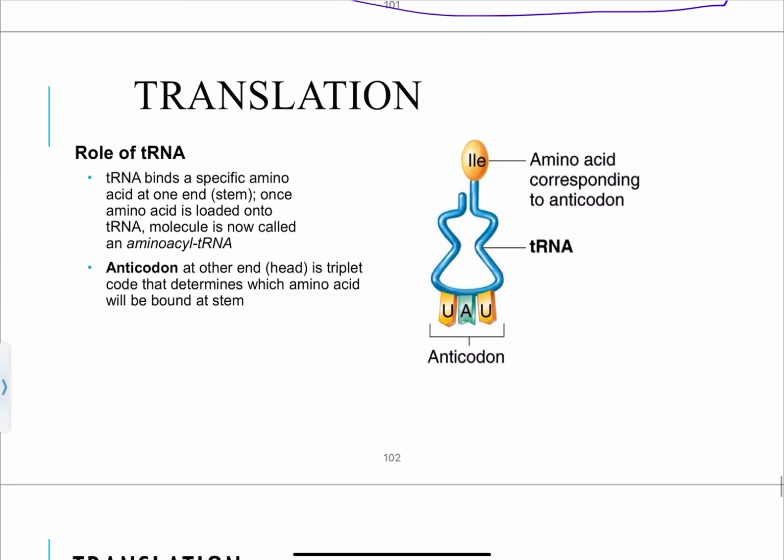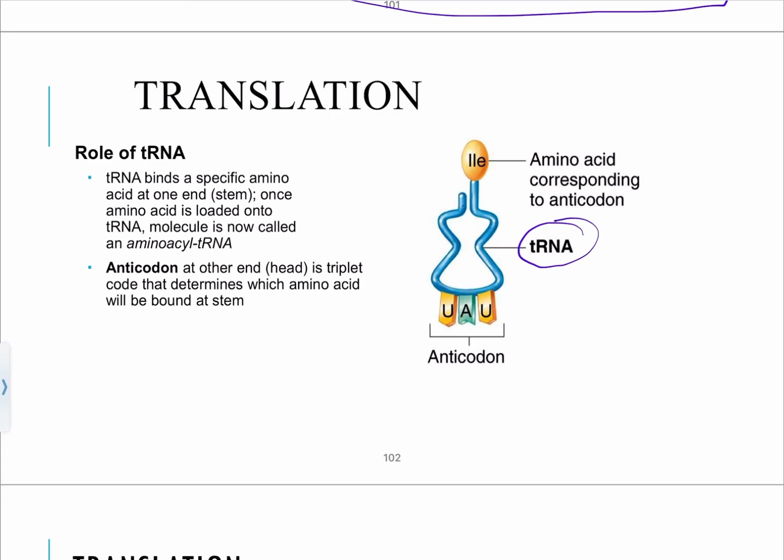So we've already talked about the ribosome and it being the site of translation. That's where our mRNA strand is going to come in and basically land. But we didn't really talk about what's going to bring all of these 20 different amino acids to the ribosome itself so that we can build our polypeptide. What's going to accomplish that is this tRNA molecule.